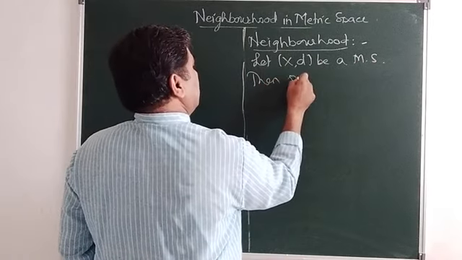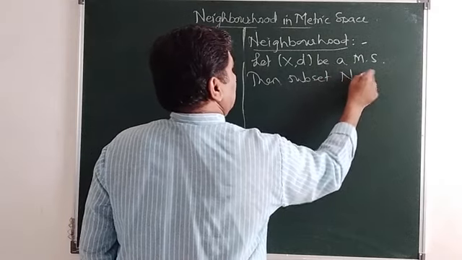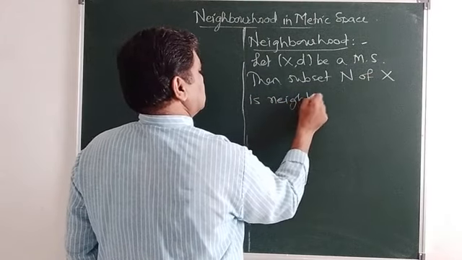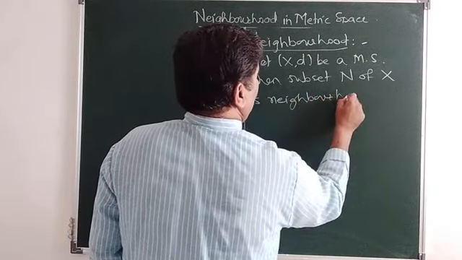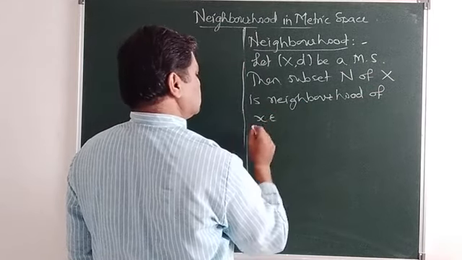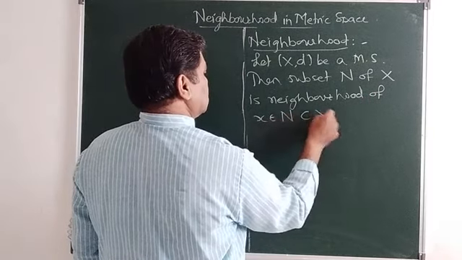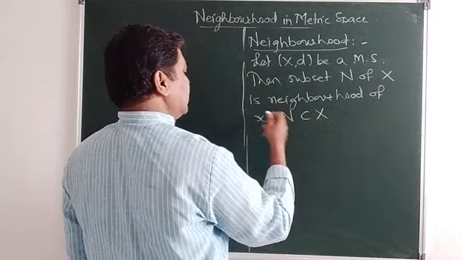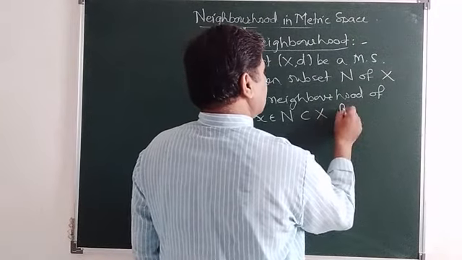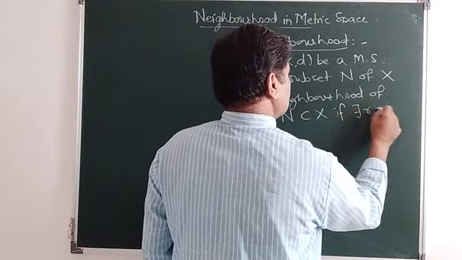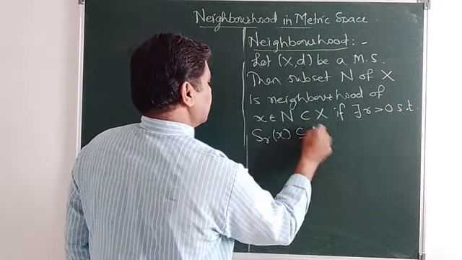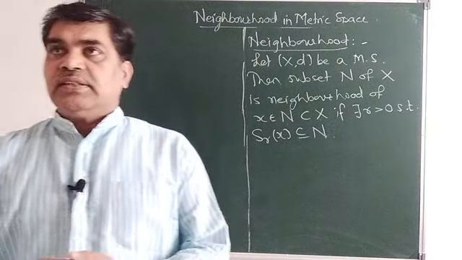Then a subset N of X is a neighborhood of x belonging to N, meaning it is a point from N, and N is a neighborhood of only a point from that set, if there exists r greater than 0 such that S r of x is contained in N.